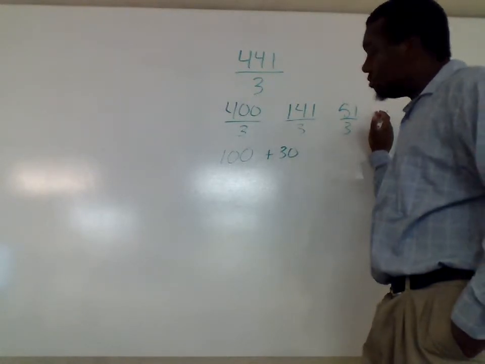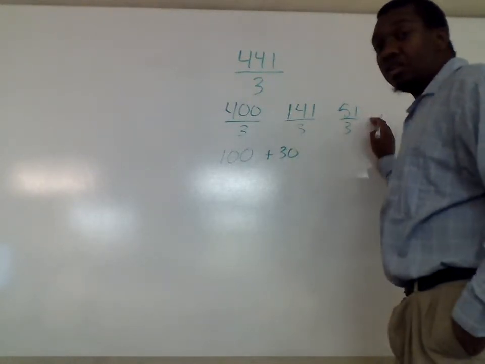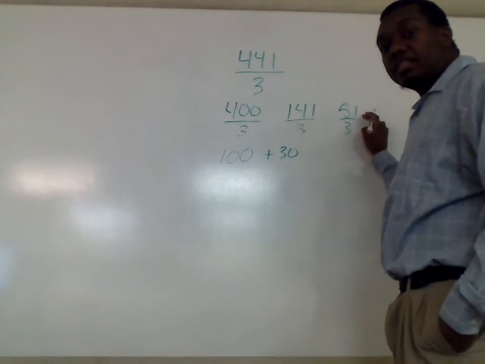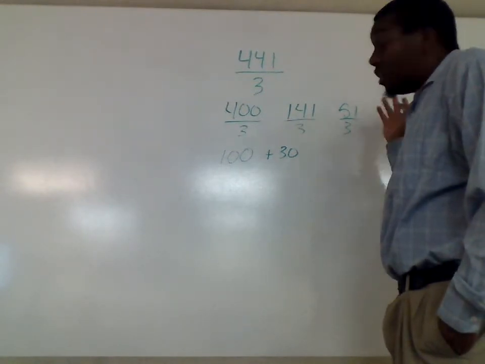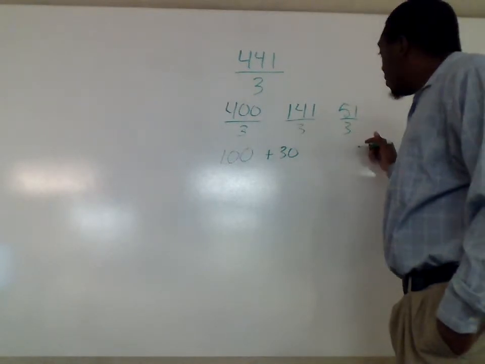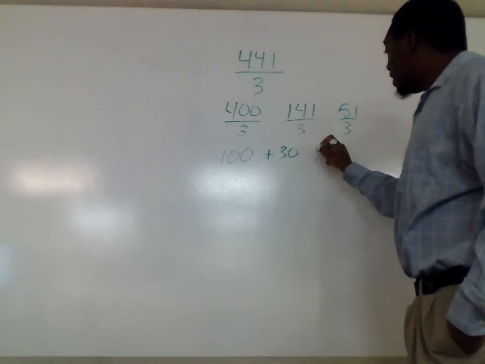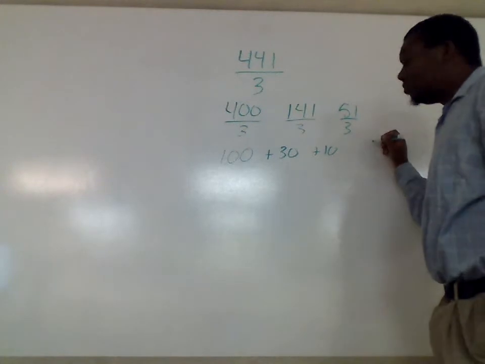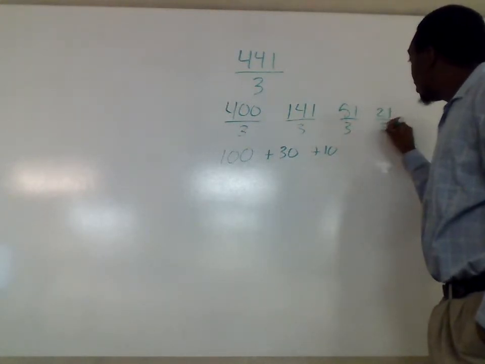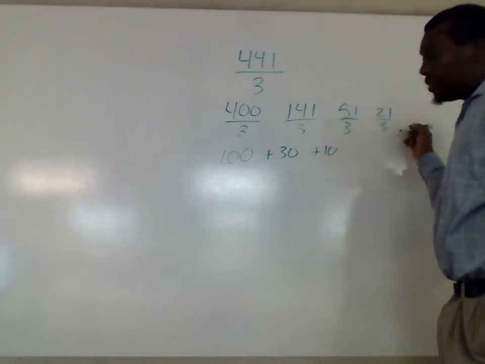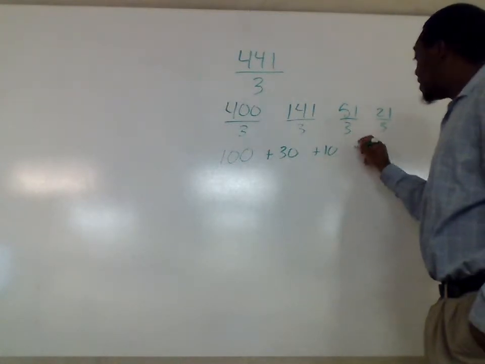Maybe you don't. What do you know that's something that you can divide by 3 that's going to be less than 51? Let's say maybe you know 30. Okay, well, if we know 30 divided by 3 is 10, and we took 30 away from that, we would be at 21. And we know 21 divided by 3, we used that earlier, and that's 7.